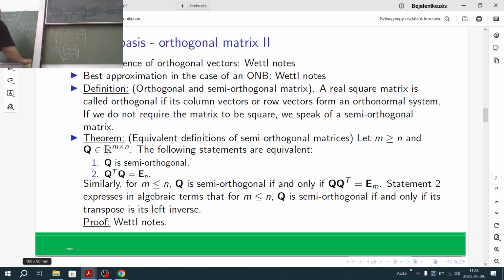Okay, I think that here the opposite should be written.